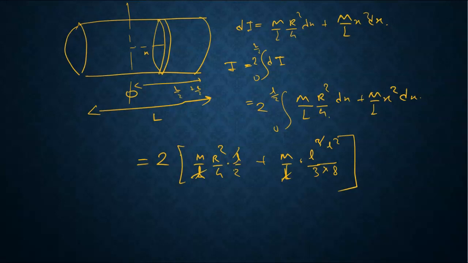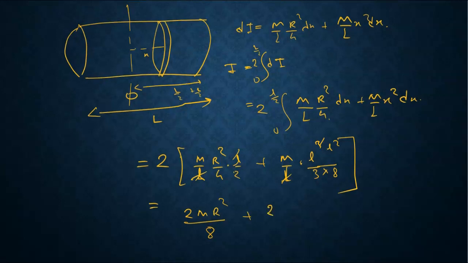From here we will get 2mr square by 8 plus 2m L square by 24, that is equal to mr square by 4 plus ml square by 12.